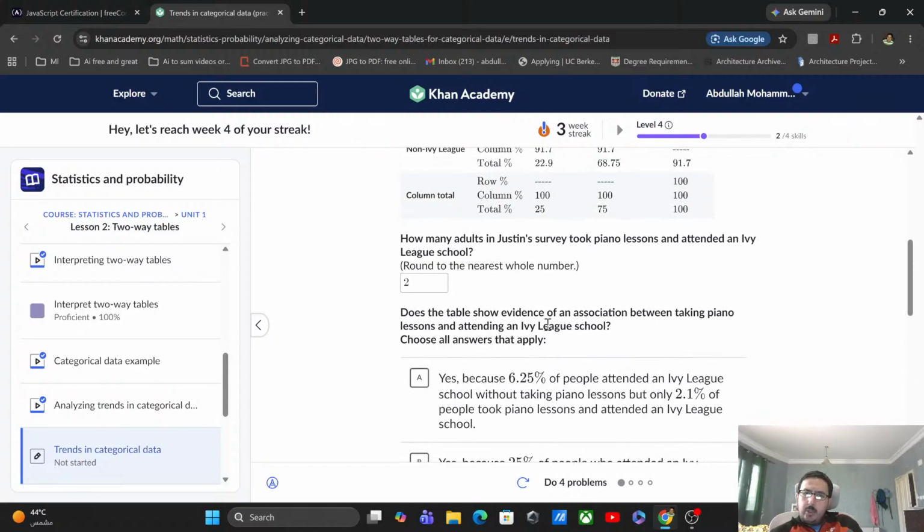How does the table show evidence? Choose all answers that apply. It shows evidence. It says don't take piano lessons and go to Ivy school. Doesn't show.